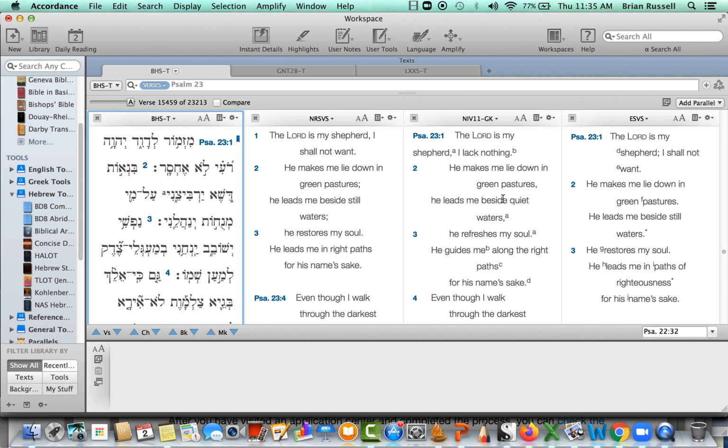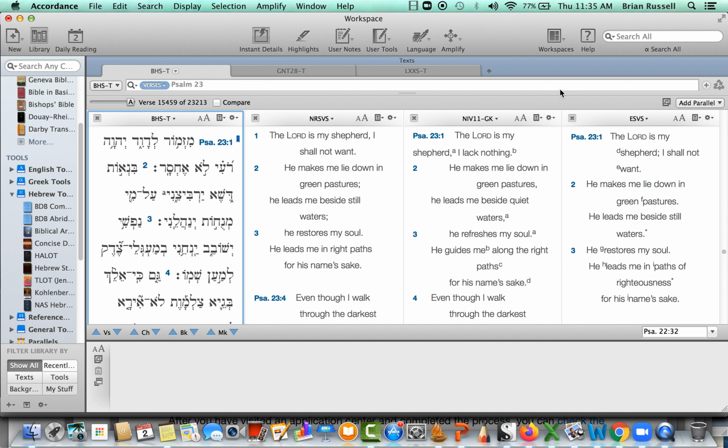So for example, in Psalm 23, notice all 3 translations start out, "The Lord is my shepherd." So we'll look at that. We're going to judge if that's accurate. But notice the second line, "I shall not want." That's what the NRSV and the ESV do. And then notice the NIV does, "I lack nothing."